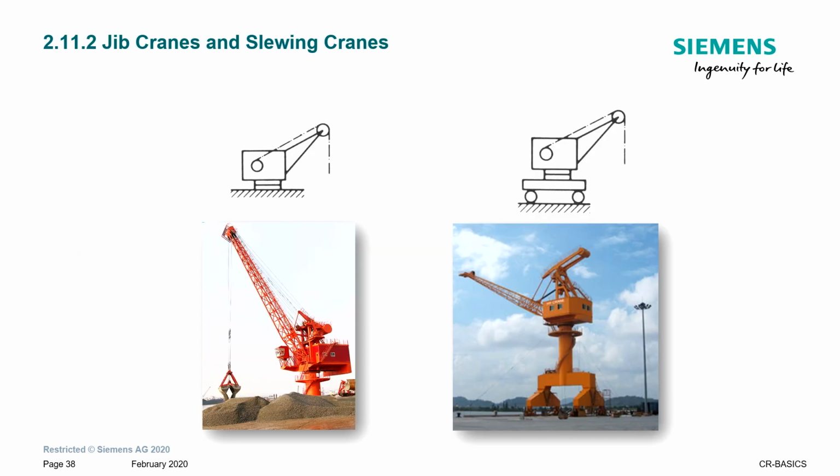For ship cranes and slewing cranes, we have stationary ship cranes. Then you would have this mechanical picture, or we also have ship cranes which can be moved on rails. Then you have this symbol.